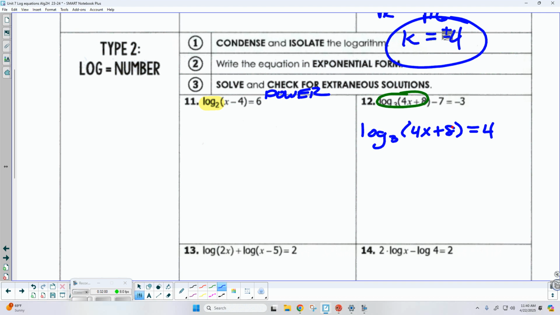Once the log is isolated, if you've only got the one log, now we convert it. What would that look like? Base 3 to the power of 4 equals 4x plus 8. That's exactly right. And then now we just go ahead and solve it. 3 to the 4th would be 81. So 81 equals 4x plus 8.